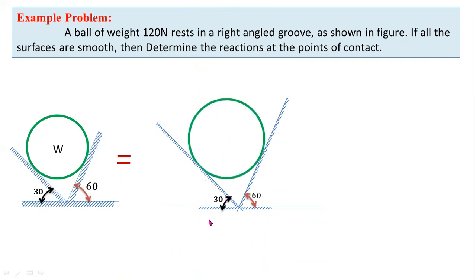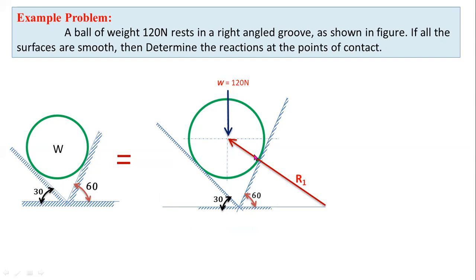Here we already know that the reaction force always makes an angle of 90 degrees with respect to the support. Now this is the self weight. Self weight always acts vertically downwards. Now you have to consider a reaction force R1 at the point of contact.